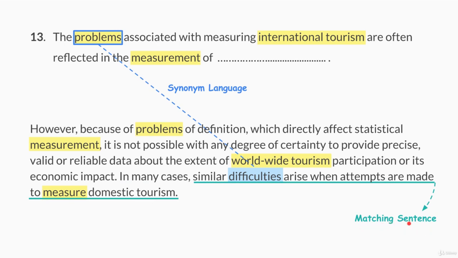So in this case, we found our answer not in the sentence where there were keywords, but in the sentence after the sentence containing the keywords. So now we can see that everything fits. Our answer is domestic tourism, and the answer domestic tourism fits perfectly with the surrounding word measurement of.